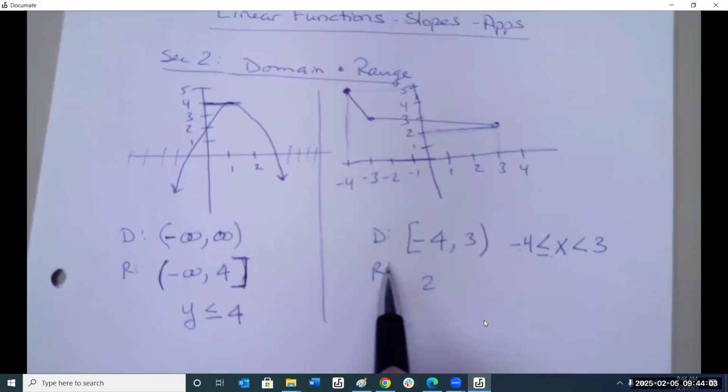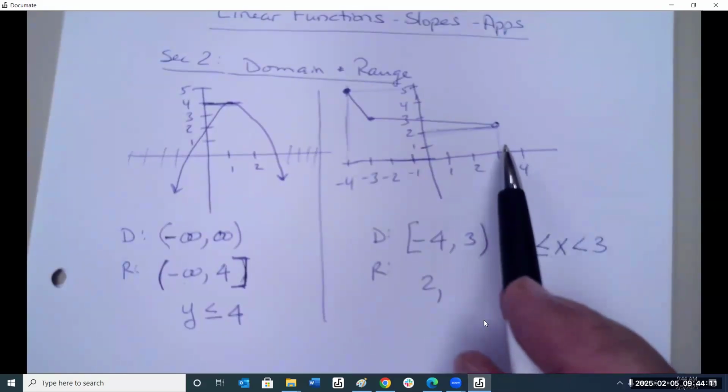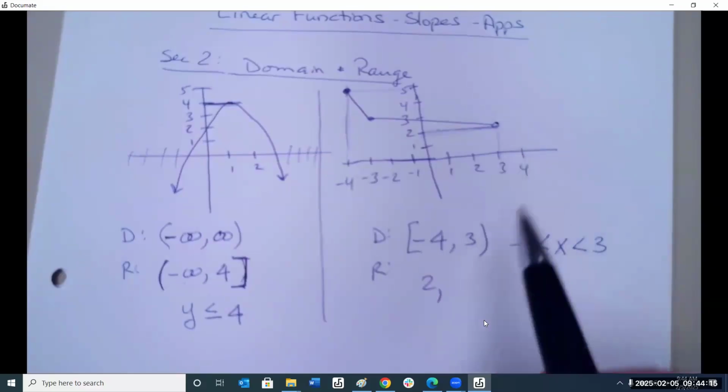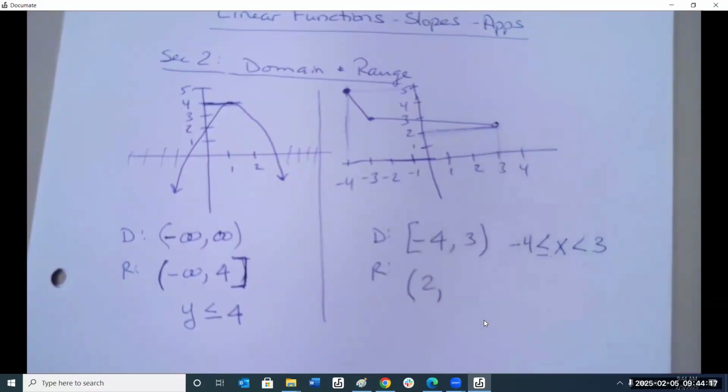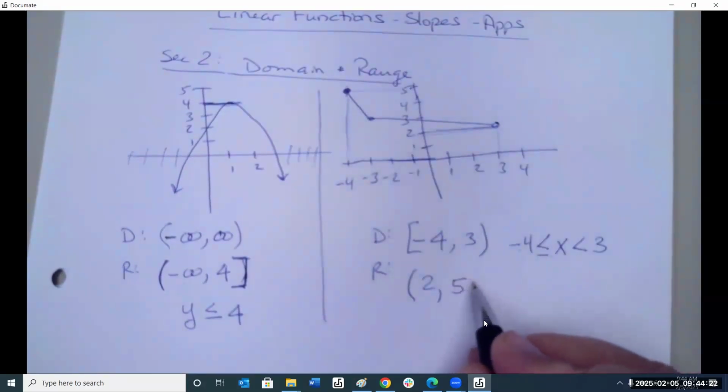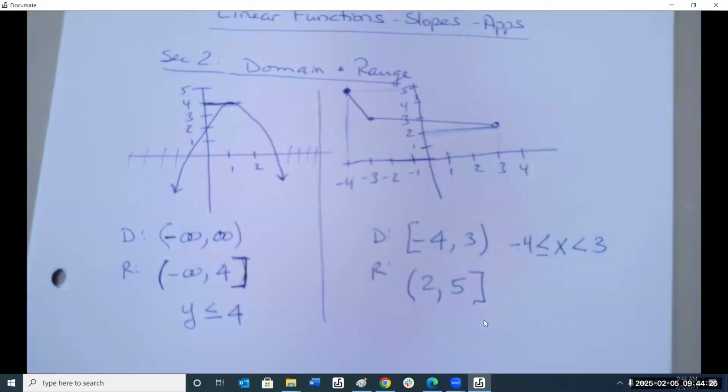The range is the y values. So it starts at 2. Can I use 2 or not? Is it a parenthesis or a bracket? Right. Parenthesis is open. Then it goes all the way up to 5. Can I use the 5? Yes, because it's a solid dot.